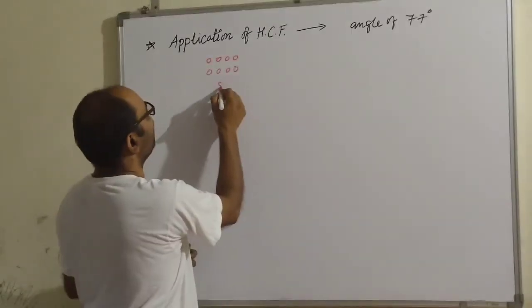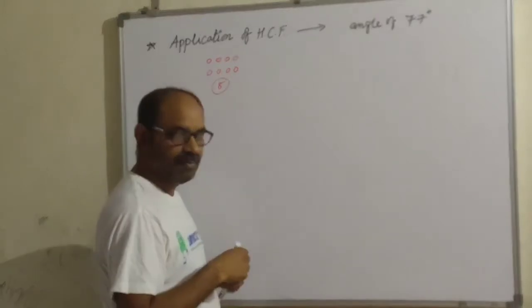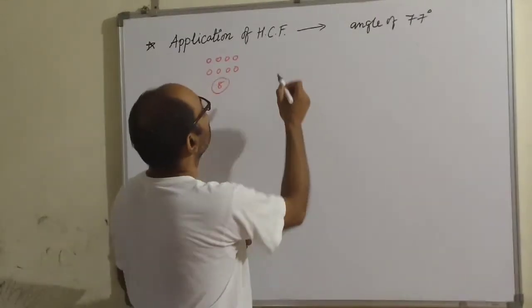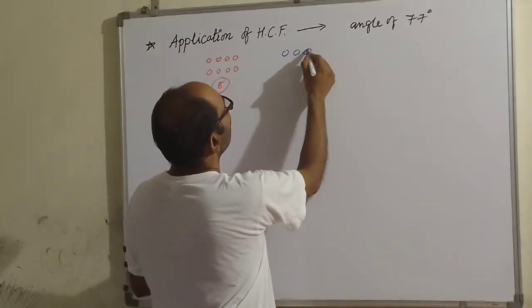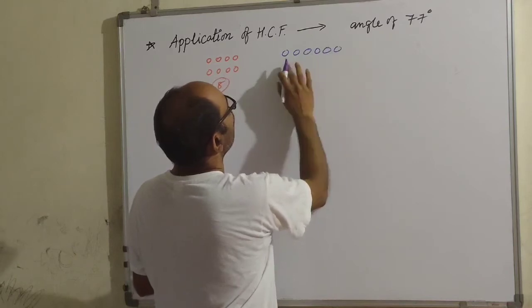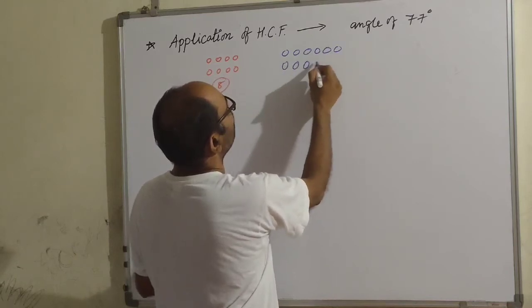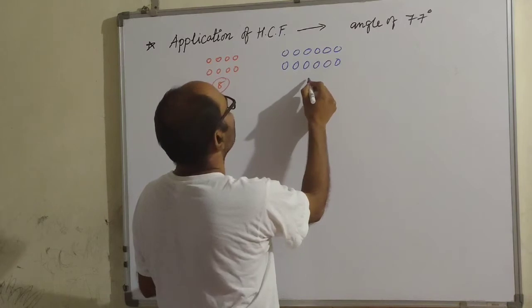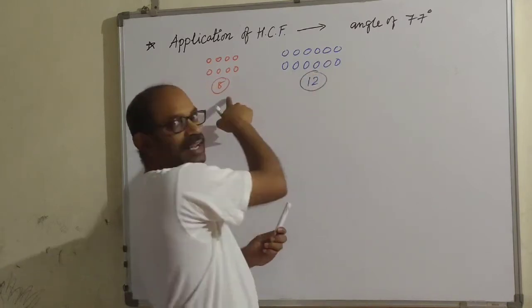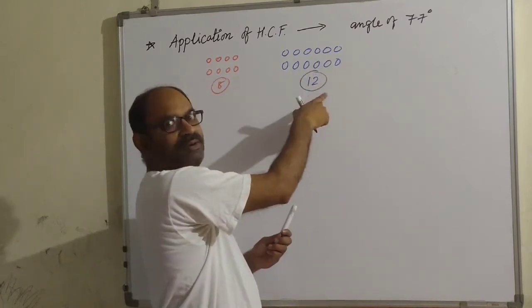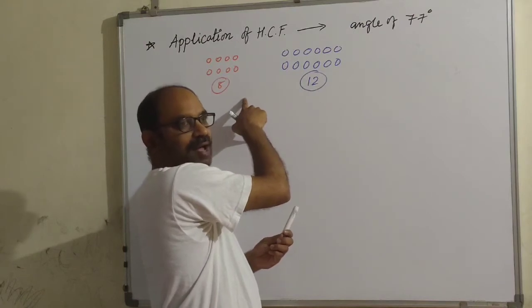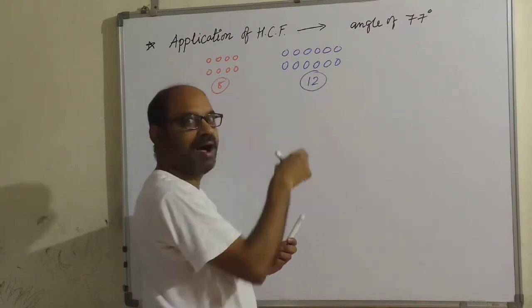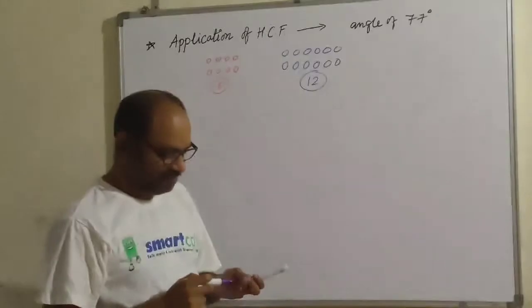They are 8 in number. Here we have 12 marbles which are blue. I hope you can detect the color, red and blue. 8 marbles are red in color, 12 marbles are blue in color.